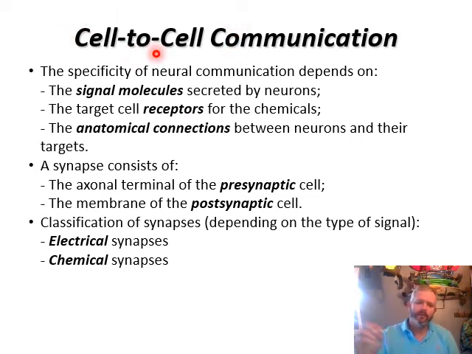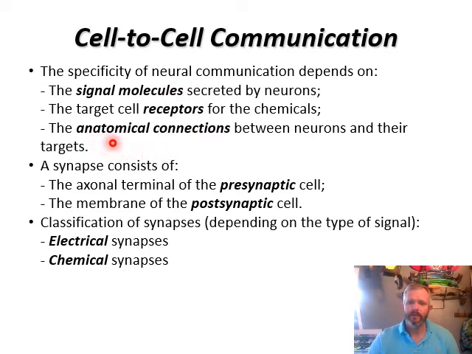That is how the neuron is going to talk to the cells that it's talking to. But again, we got communication, cell signaling. We got to have a signaling molecule. In this case, what's secreted by the neurons are neurotransmitters. The cell which it's talking to has to have a receptor.